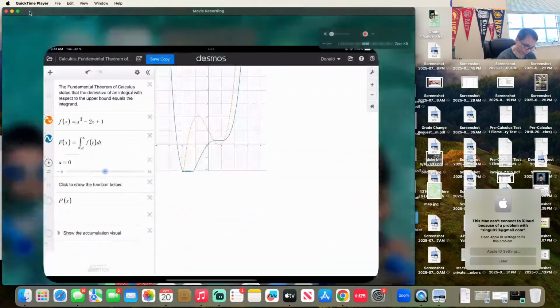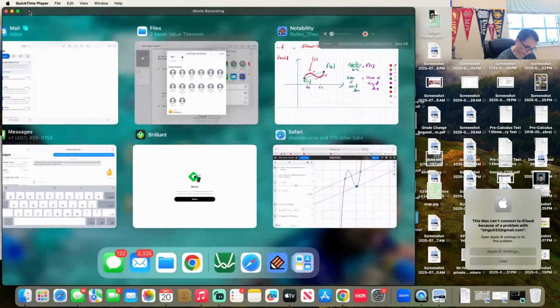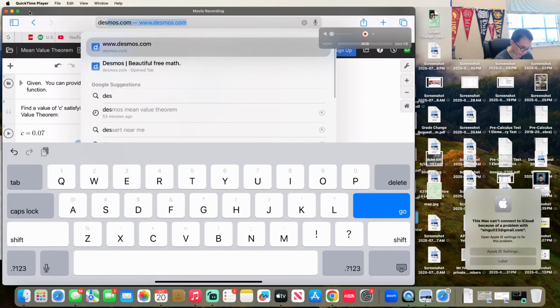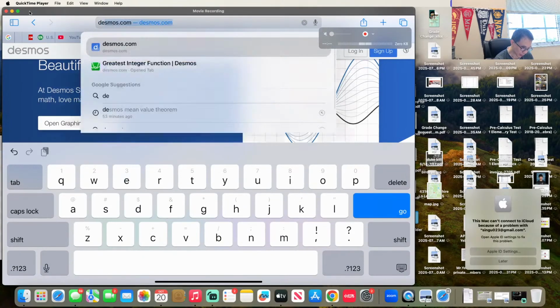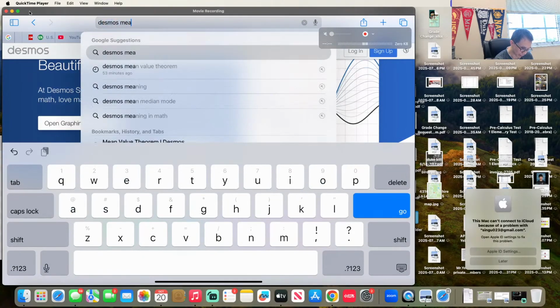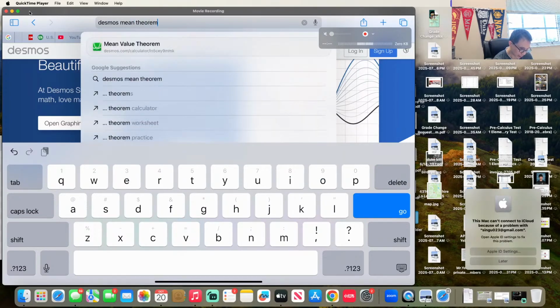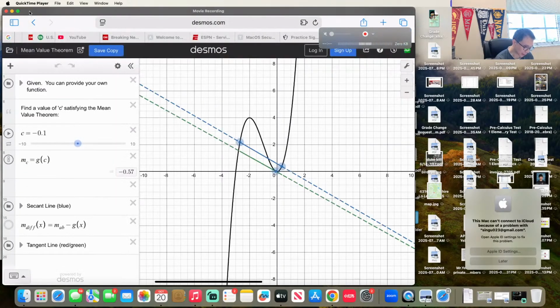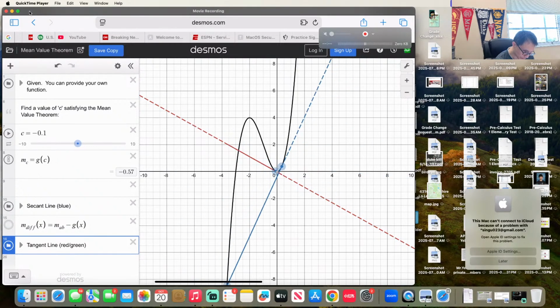I will show you what happened here. If you go into Desmos like this, and you just type in Desmos and the mean value theorem, actually you can do that for anything. Somebody already devised those things already. It's not me, I didn't do that. But you can take it as is. So imagine that you have a point between like this and like this, right?